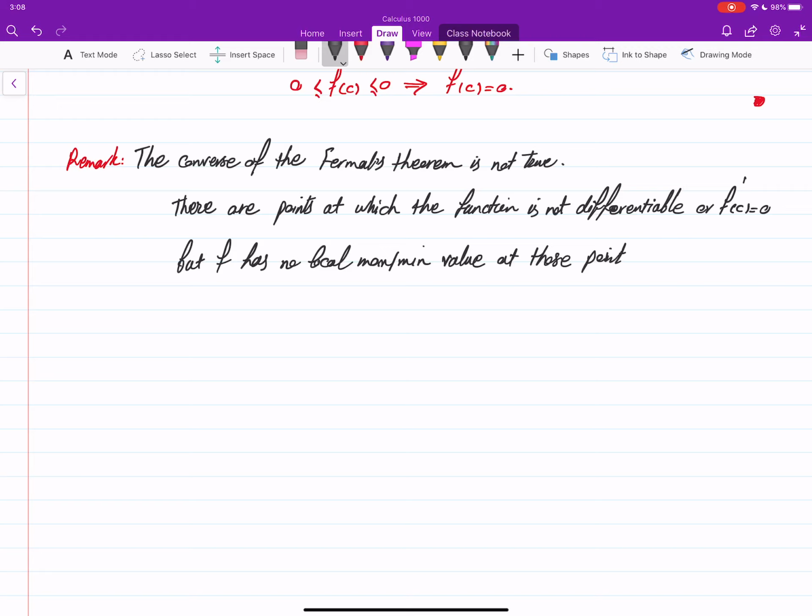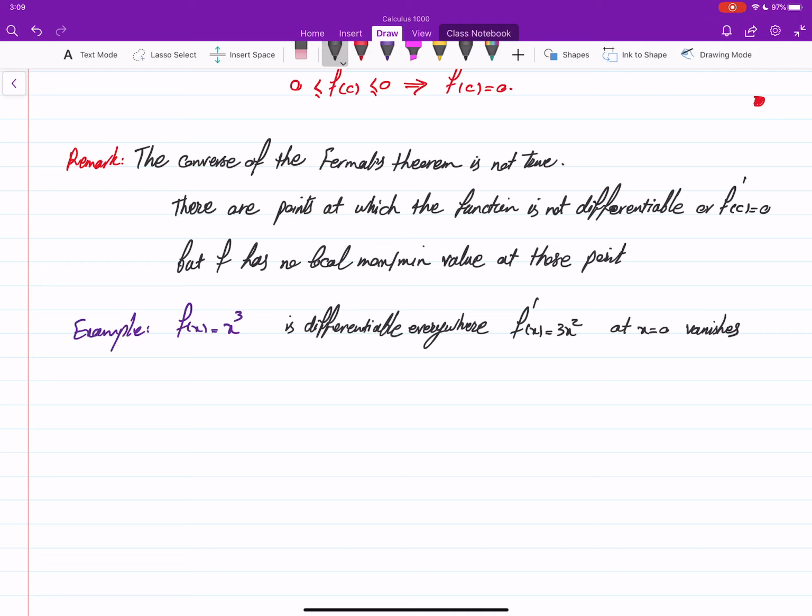For example, we can have examples actually. Example: look at f of x equal to x cubed. This function is differentiable everywhere. F prime of x, which is 3x squared, at 0 vanishes, meaning that f prime at 0 is 0.